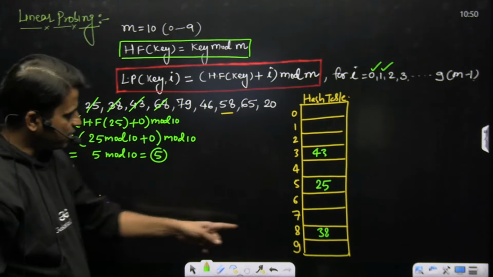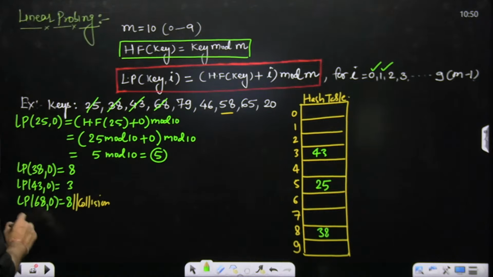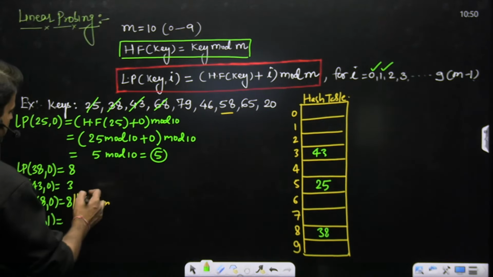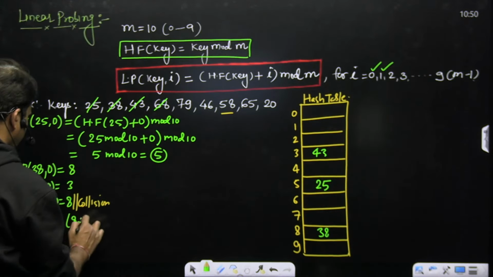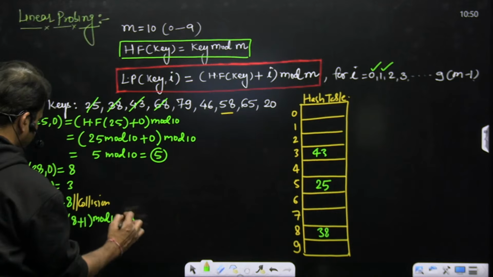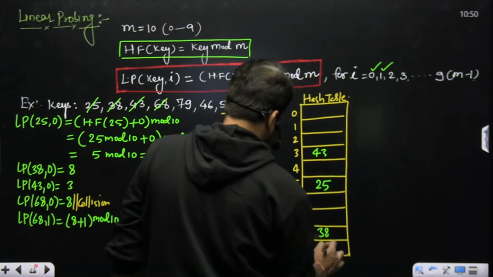Sir, 8 पर अगर collision होगा, then linearly you can check this index. Use this formula बच्चे. So linear probing 68 comma 1. 68 comma 1 से क्या result आ जाएगा बच्चे? 8 plus 1 mod of 10, it gives 9. So 9 is a perfectly empty slot, so then you can store 68 here.